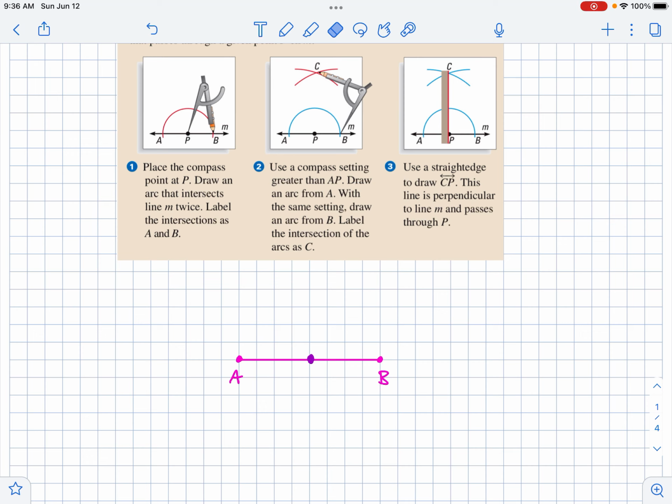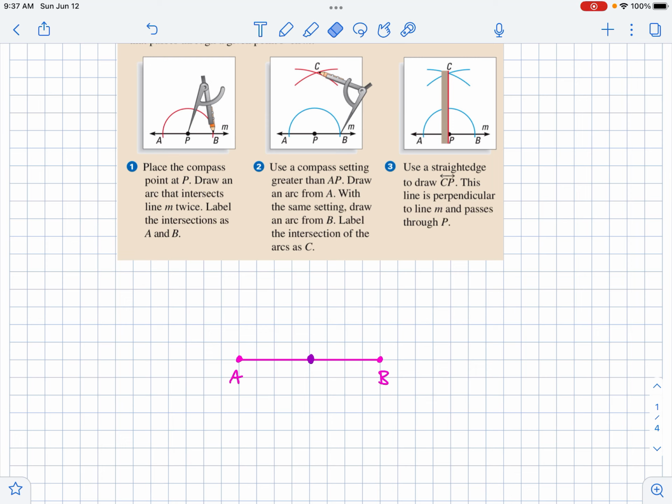In other words, we're armed with just a compass and a straight edge. We make things. For example, we use that to construct, to draw a bisector of a segment, an angle. We use the compass and a straight edge to make different geometric constructions.